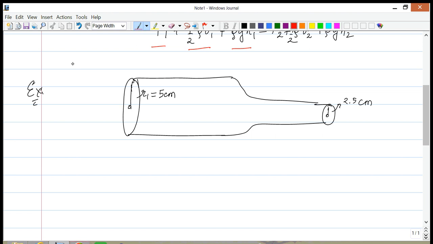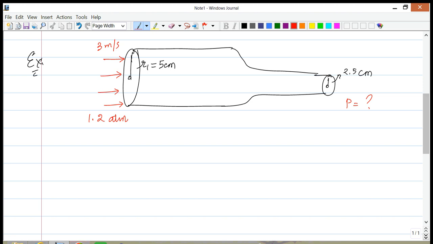And let us say that you've been told that the fluid flows to the left hand side with a speed of 3 meters per second, and the pressure on the left hand side is 1.2 atmosphere. The question is, what is the pressure on the other side?